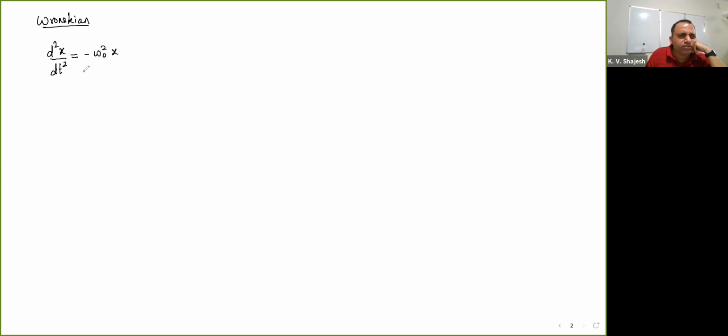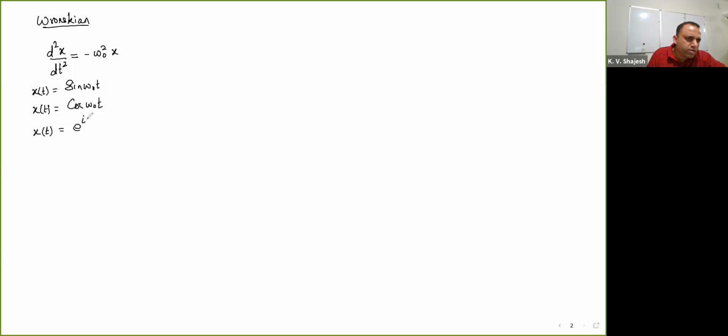I think the simplest way of saying that the solution is what are the functions that give you back this on the right hand side as a minus omega naught square x, and you will immediately realize that there are many solutions. You can think of x of t to be sine of omega naught t, right? x of t could be cosine of omega naught t. That's surely two solutions.